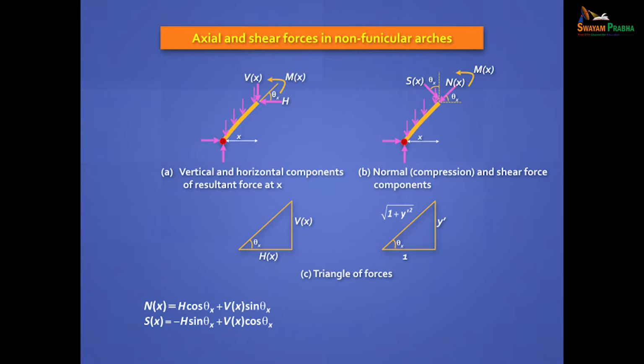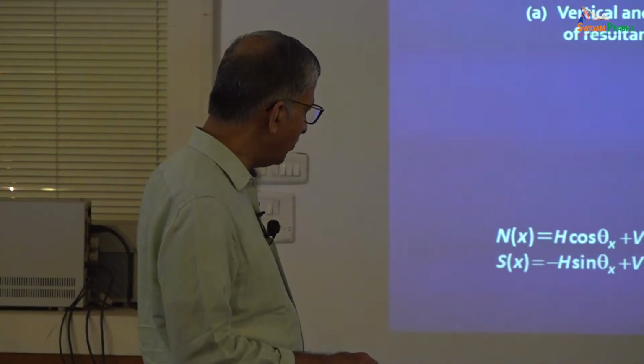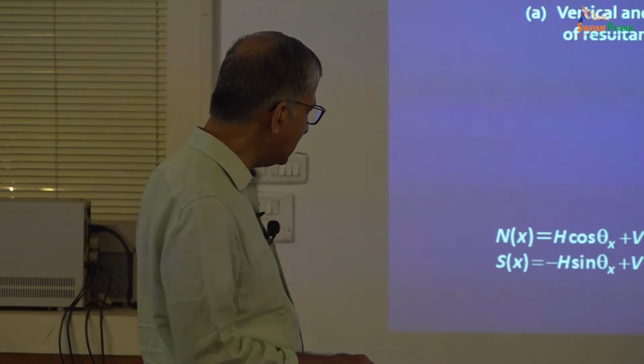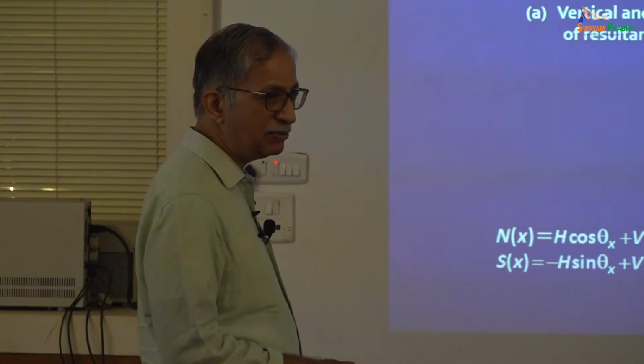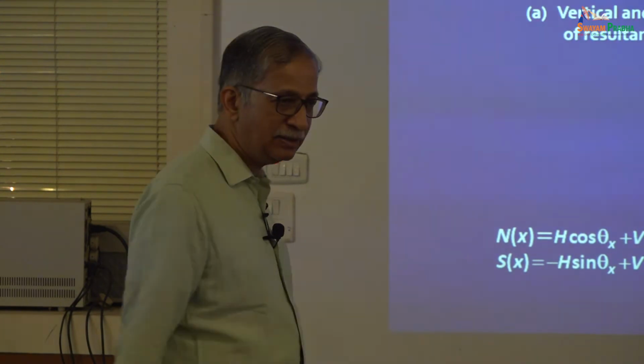Okay? And you can write this elegantly in this matrix form. At any location x, if you have H and V and you have y dash, then by this linear transformation, you can convert H and V to N and S.